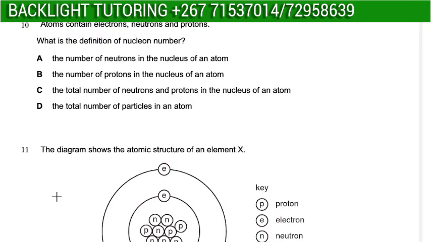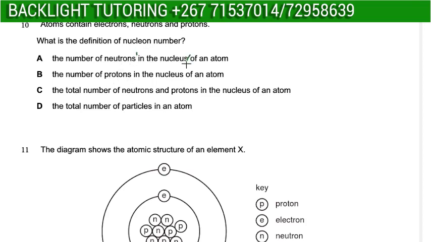So we're going for question 10. An atom contains electrons, neutrons, and protons. What is the definition of nucleon number, right? Number of neutrons in the nucleus of an atom. That talks about neutrons and protons, right?